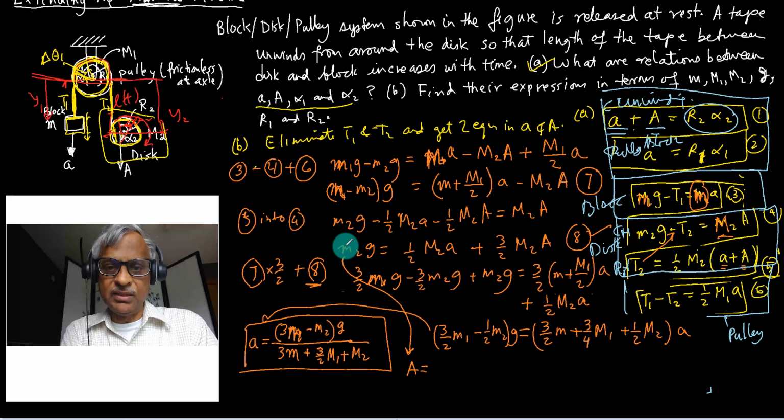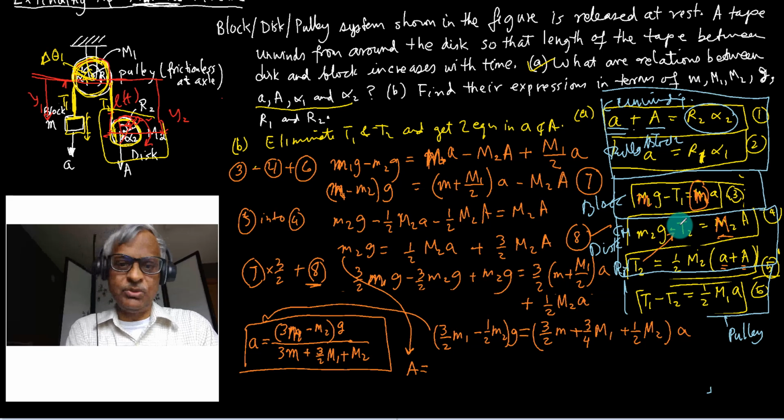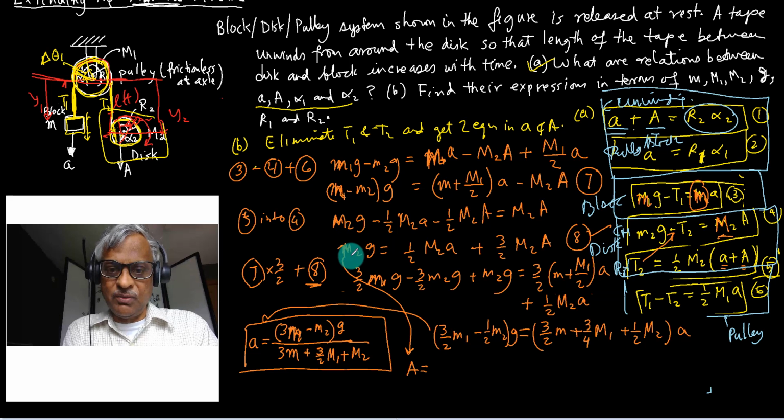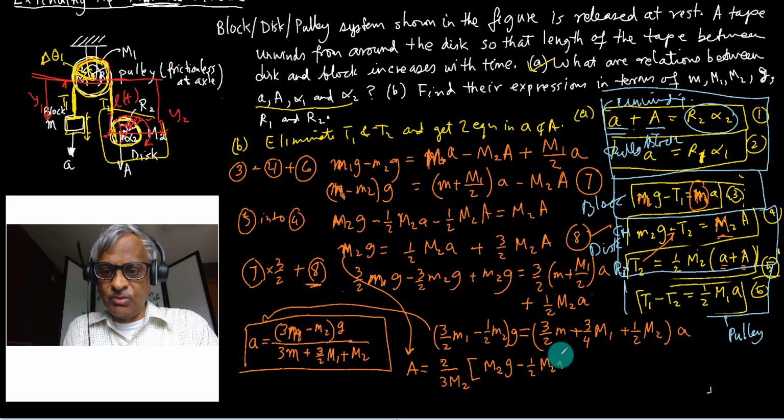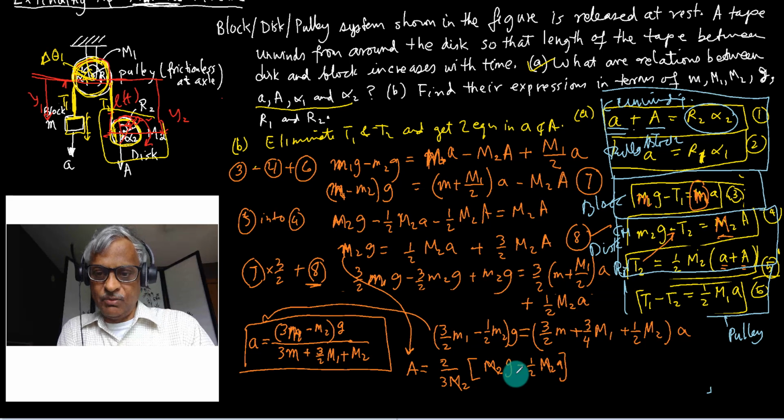Capital A will be this 5 into 4, this is all m2, so this is m2, yeah, same m2. A is going to be this minus that, so 2/3 m2 g minus half m2a, and of course m2's are cancelled out here, and we have g minus half a, so you go over there.